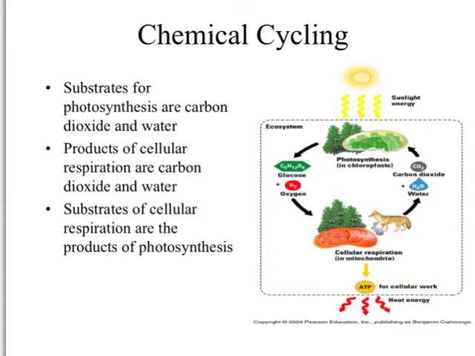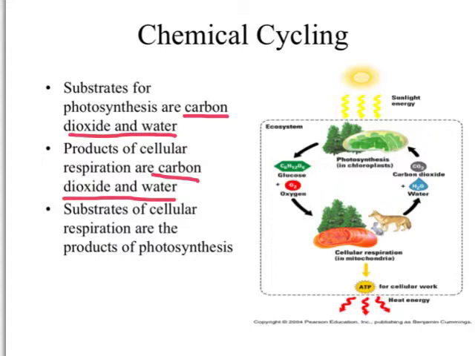So the producers that are performing photosynthesis are using carbon dioxide and water in order to make glucose and oxygen, which those heterotrophs are going to utilize in order to have energy for themselves, and they're going to break that down into carbon dioxide and water. So again, it's like this big cycle. Life is just the big cycle of carbon dioxide and water going from one organism to another.